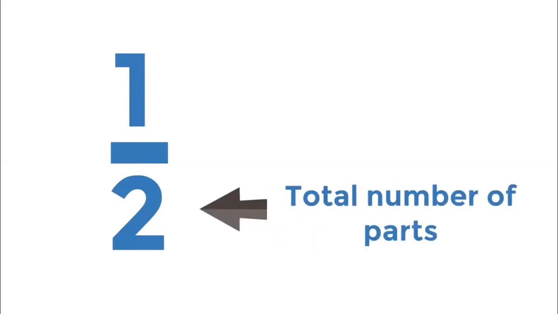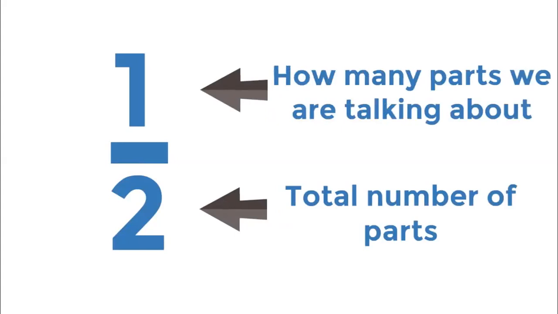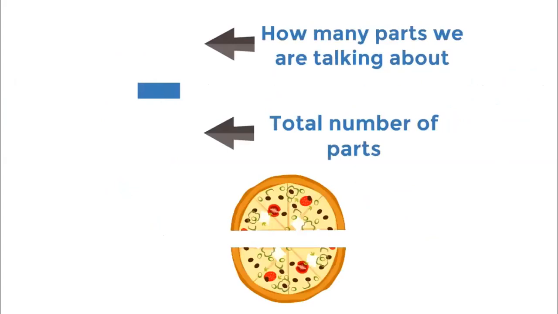Now you might be wondering, what do the numbers mean and how does it show 1/2? Well, the bottom number shows the total number of parts. The top number shows how many parts we are talking about. Pretty simple. Let's go back to our example. There are a total of 2 parts to the pizza.